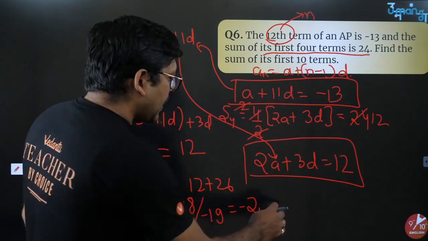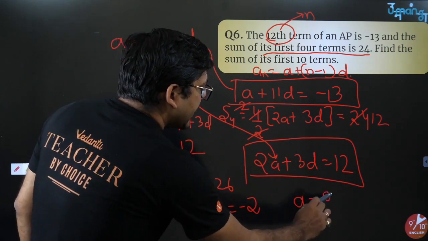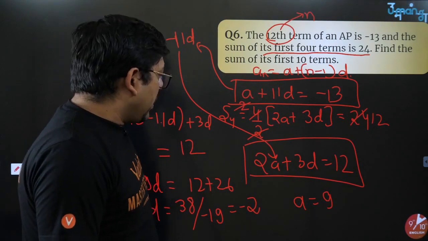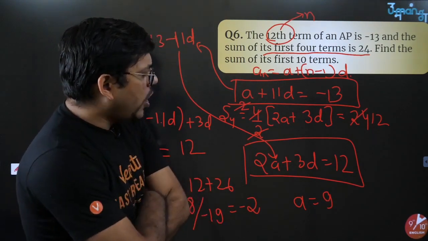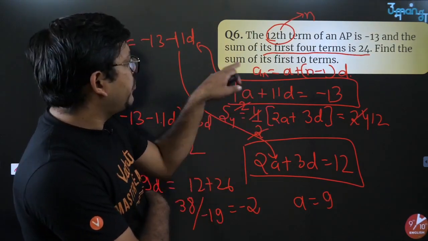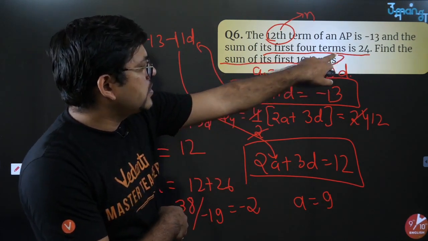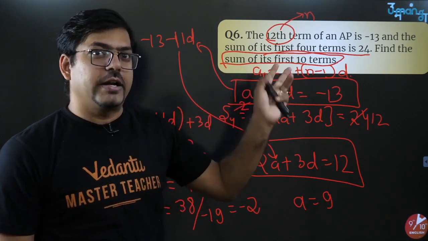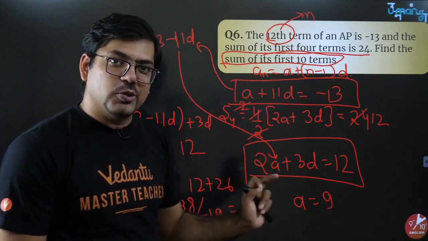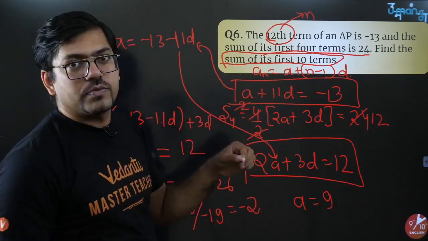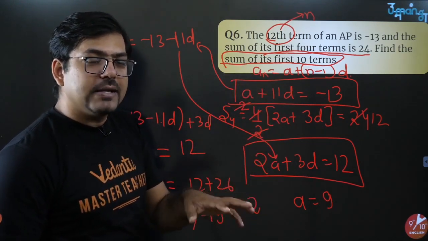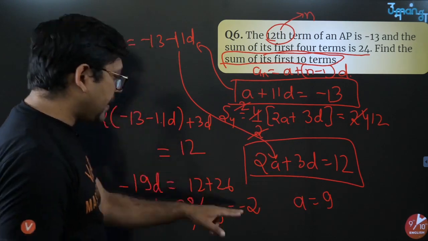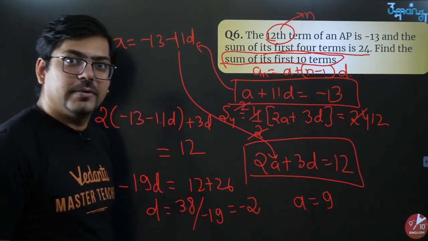Now, if you got a and d, can't you find the sum of its first 10 terms? I think you can. I'm sure you can do that. The sum of first 10 terms will be 10 by 2 into 2a plus (10 minus 1) into d. You have the value of a and d, so you can do it.